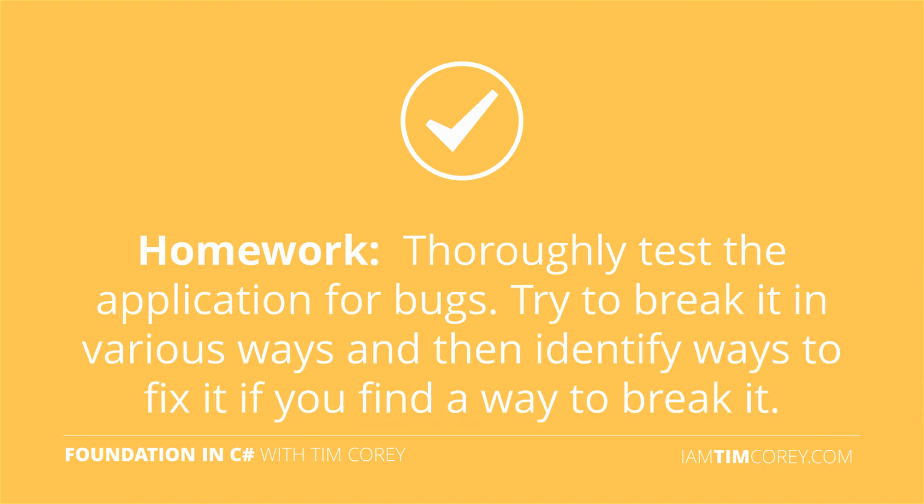The homework for today is to thoroughly test the application for bugs. This is one of the harder things for people to do, especially newer developers, is to thoroughly test. Because thoroughly testing means you don't say, okay, my ships are A1, B2, C3, D4, and E5.